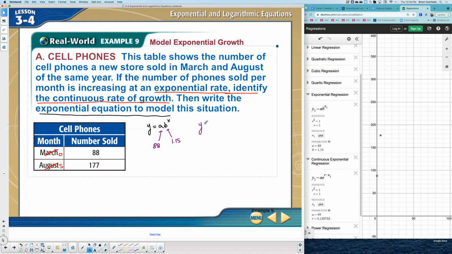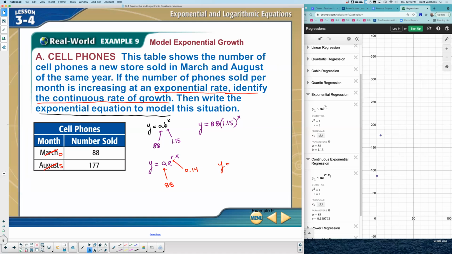So my equation would be y equals 88 times 1.15 to the power of x. Or if you wanted it as a continuous exponential, you would use this form here: y equals a e to the power of rx. On this one, our a would still be 88, and the continuous exponential rate would be approximately 0.14.